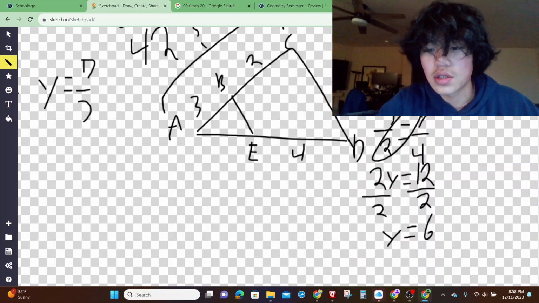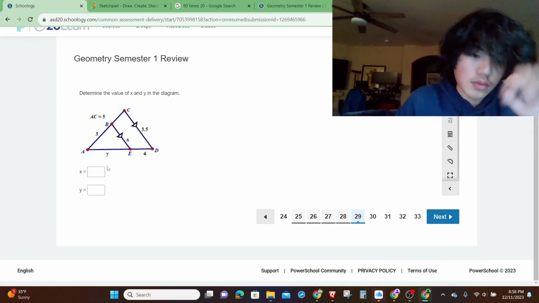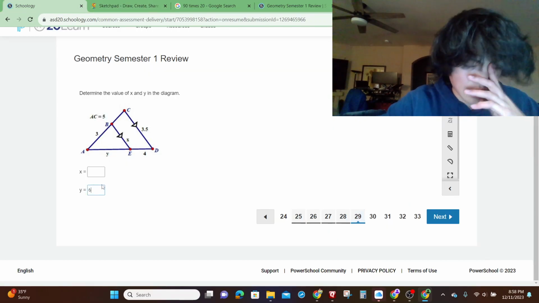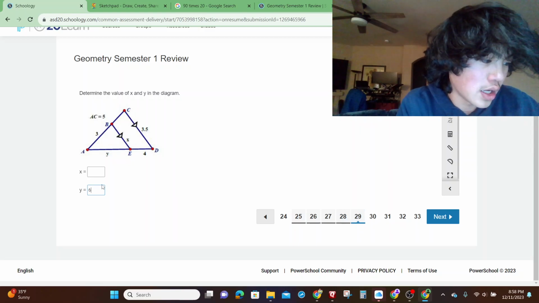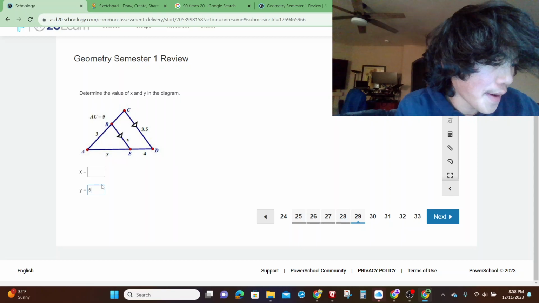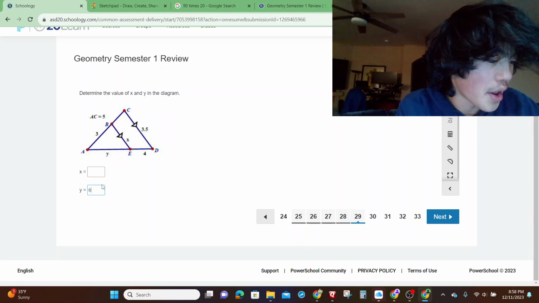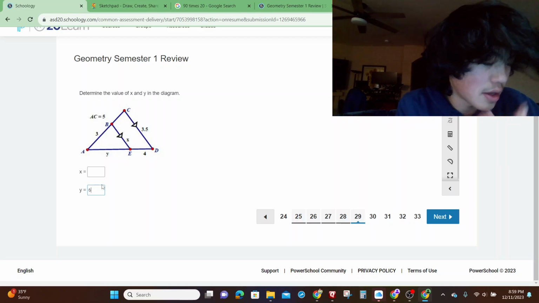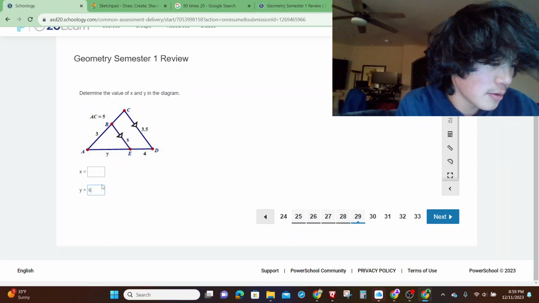Y equals 6. There we got it. Now we need to find the x value. So 6, 10. You can put 6 right there. And 10, 5, 3.5.